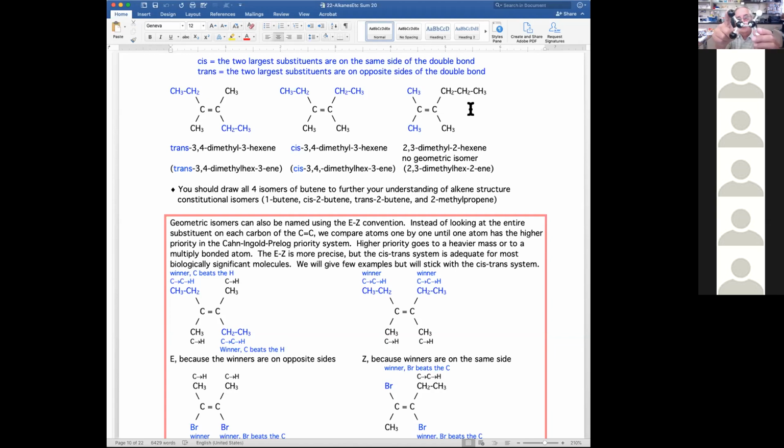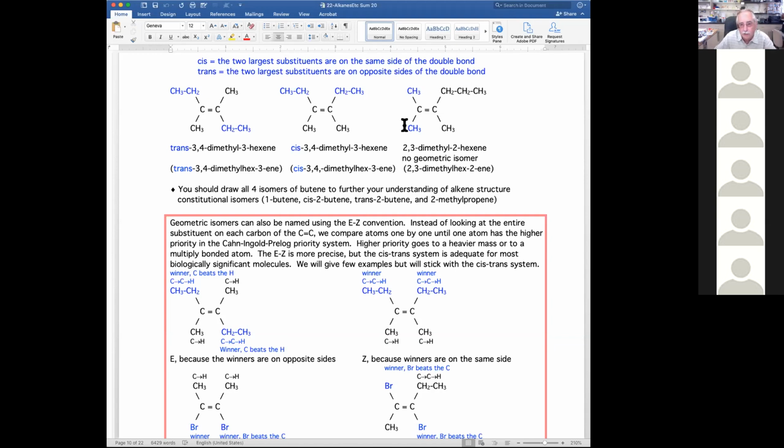So this is on the number 2 carbon, right? 2-methyl-1-propene. And I go to this carbon, and look, these two are the same. So are these over here. If any of them are the same, then you don't have an EZ and you don't have a cis-trans. There's no geometric isomer.